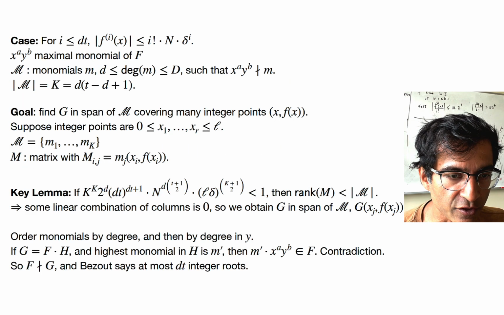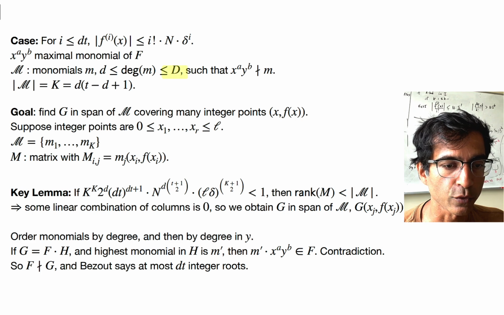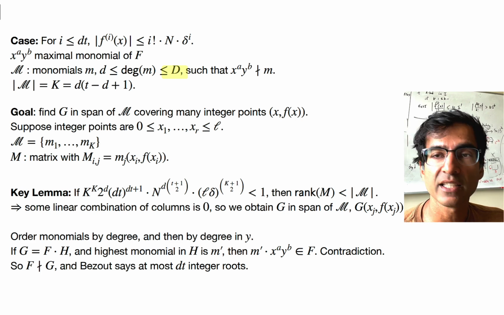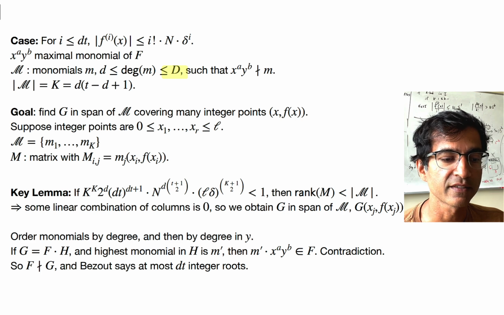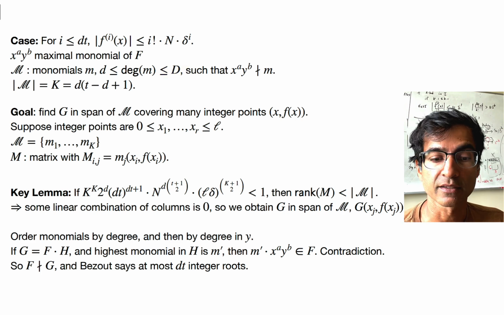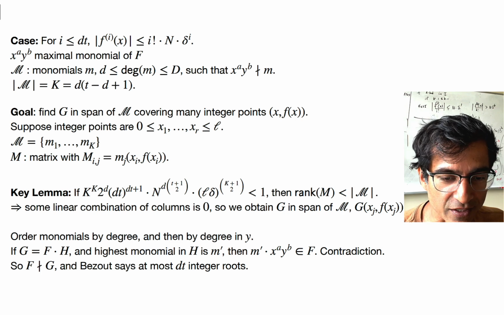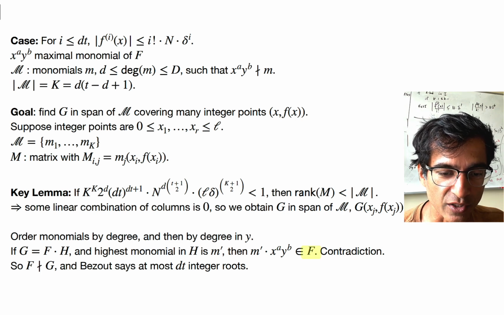Here there's a typo. This should be a t. Okay, it's the same as before. But once again, we get the same kinds of results. This time, g cannot be expressed. You cannot have that F divides g, because if g is equal to F times h, you get a contradiction by considering the maximum monomial of h times the maximum monomial of F. Oh, it should say here that this product will be in g.